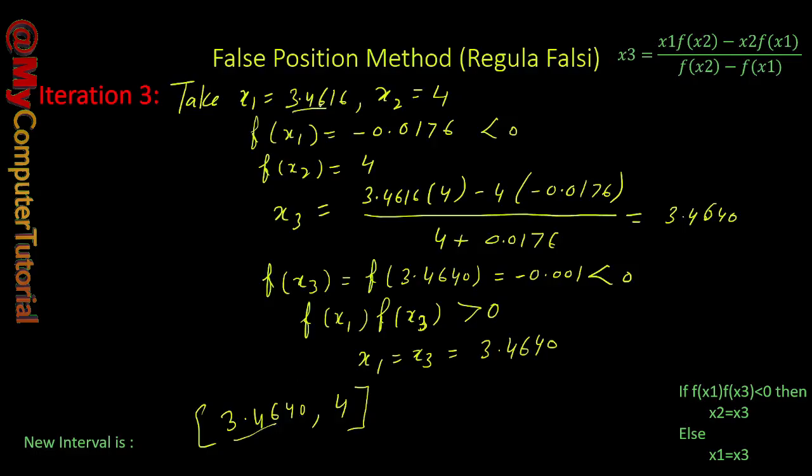If you see the first three digits, 3.46 and 3.46, it is the same, and in case we need the answer correct up to 2 decimal places, then we have got this answer. If you need the answer up to 3 or 4 decimal digits, then you have to do more iterations. We stop here, as we need just the answer up to 2 decimal digits.